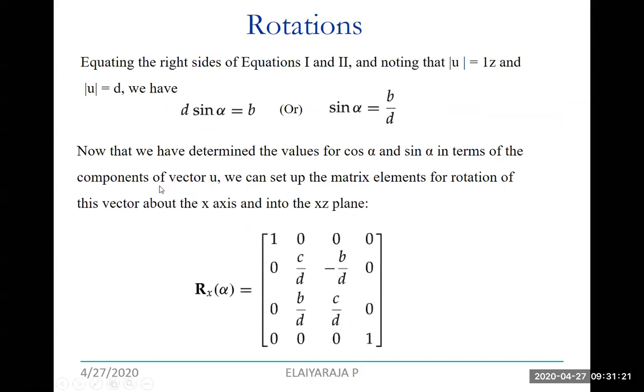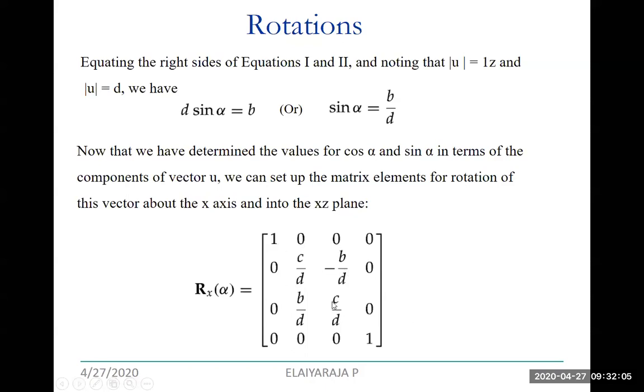Okay, so now that we have determined the values for cos alpha and sine alpha in terms of components of unit vector u, we can set up the matrix elements for rotation of this vector about the x-axis into the xz plane. We are going to write rotation with respect to x-axis, where x value is going to be 1, and where you are going to write the values with respect to y and z.